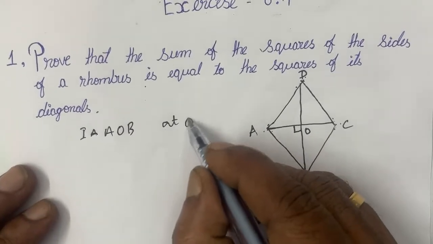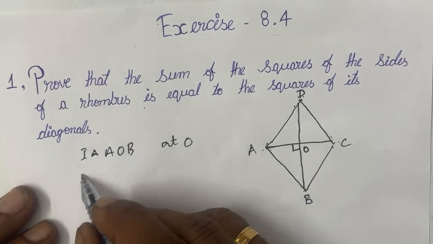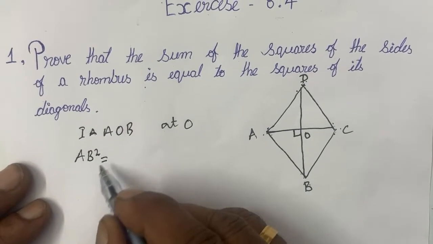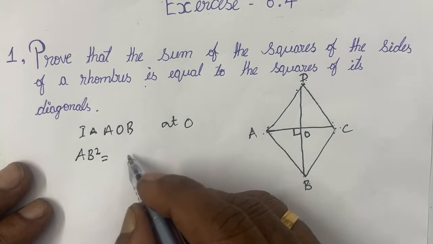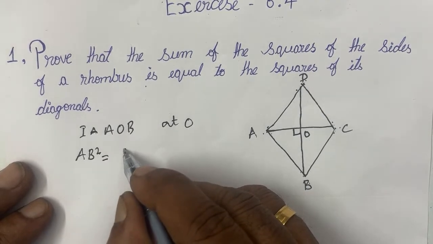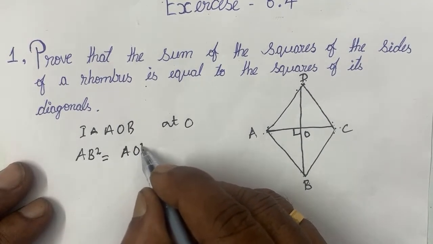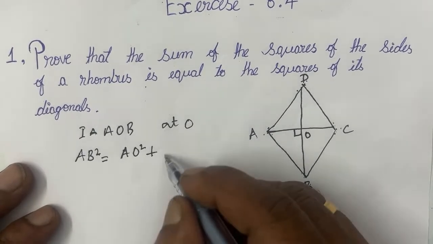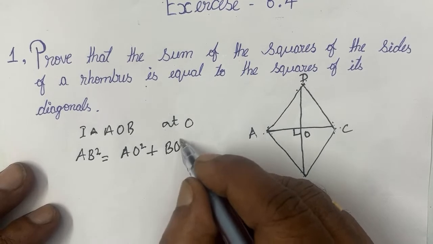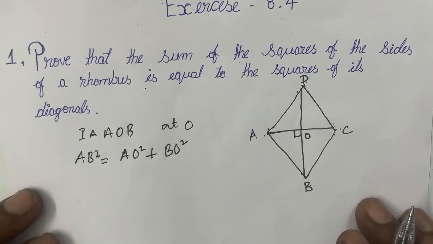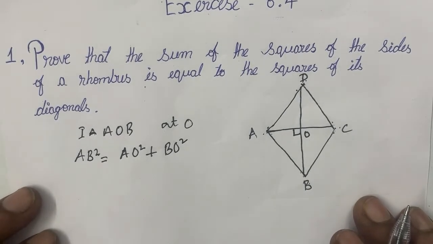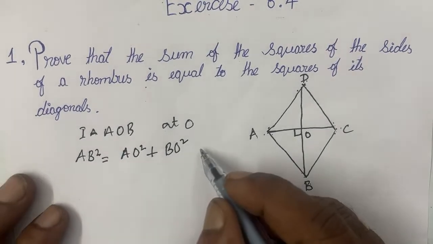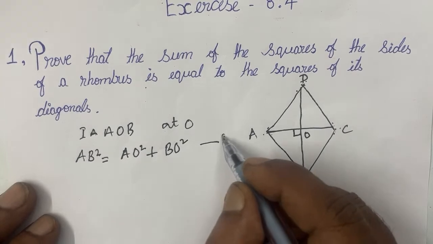Right angle at O. So we can follow the Pythagoras formula here: AB square is equal to AO square plus BO square. This is the main one, and this is equation 1.